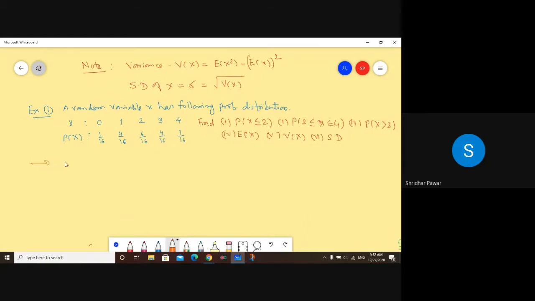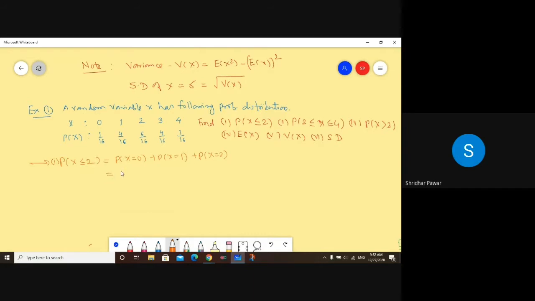So see the solution first. Number one, probability of x less than or equal to 2. What are the values of x? X takes value 0, 1, 2. So probability that x is less than or equal to 2 means probability of x equal to 0 plus probability of x equal to 1 plus probability of x equal to 2.